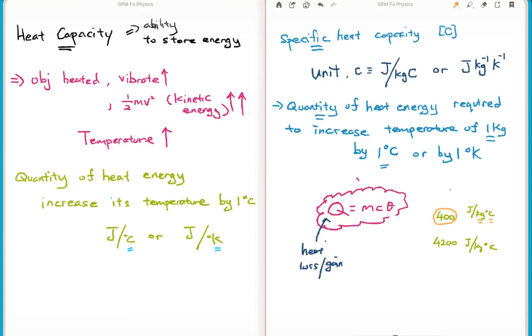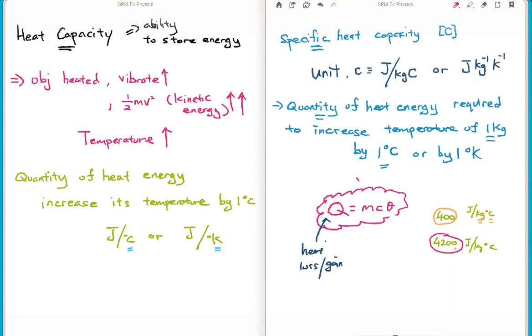So if you heat up this material and you are providing 4,000 joule, joule is the form of energy. If you provide 4,000 joule to this material, what happens? The same mass of 1 kg will increase by 10 degrees C. Now, how about the one here, 4200?